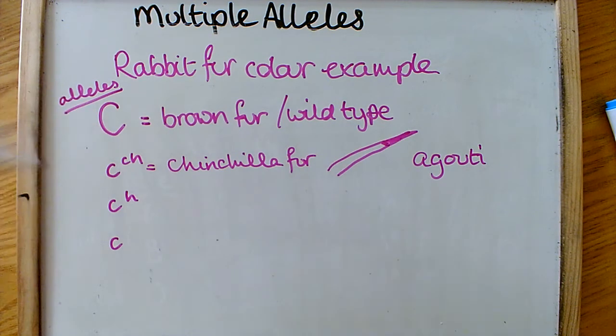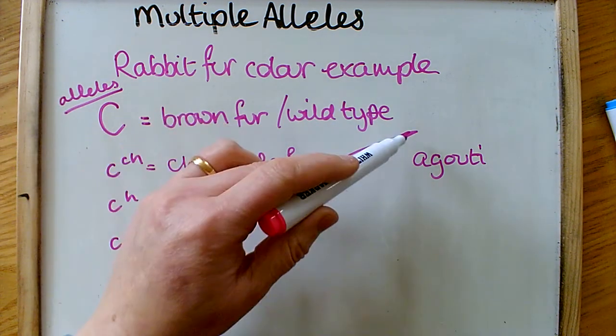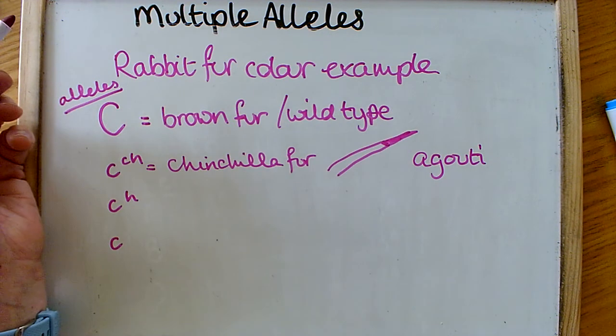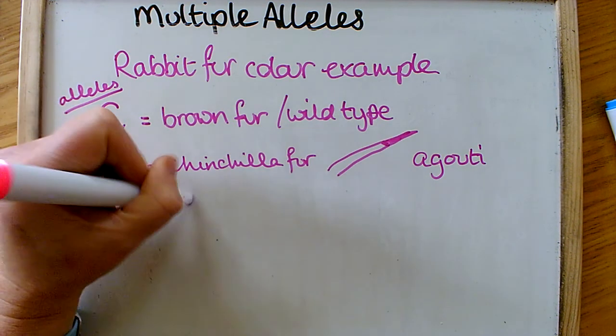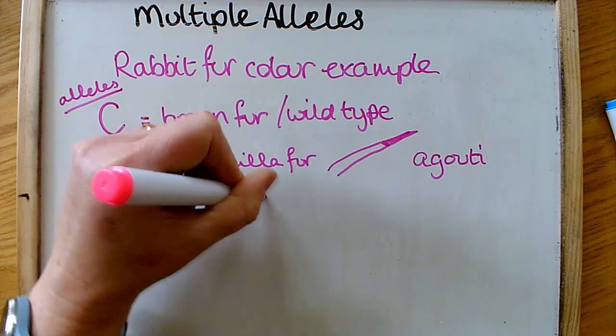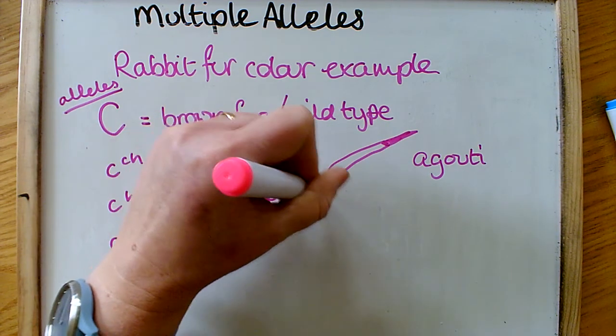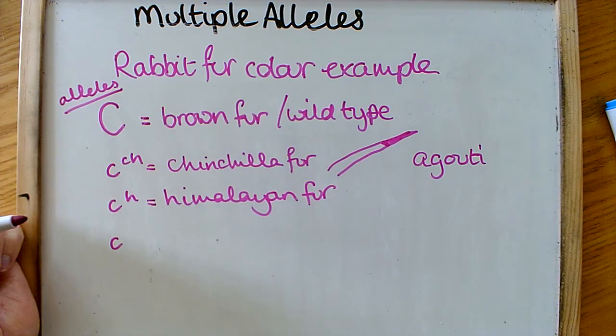So chinchilla is where all over the rabbit is one colour at the base of its hairs and a darker colour, so like darker points. Okay, this one stands for Himalayan, and Himalayan fur is where the rabbit will be white all over except for at its extremities.